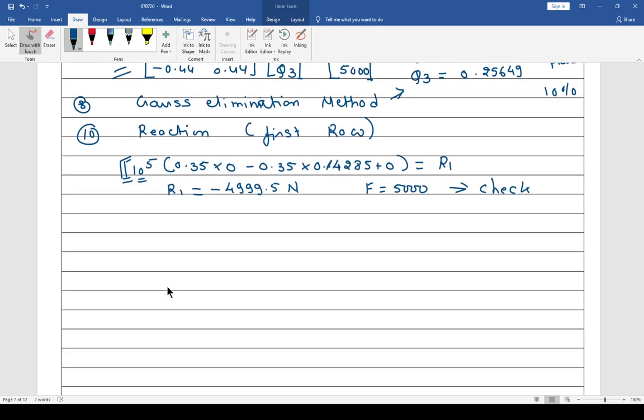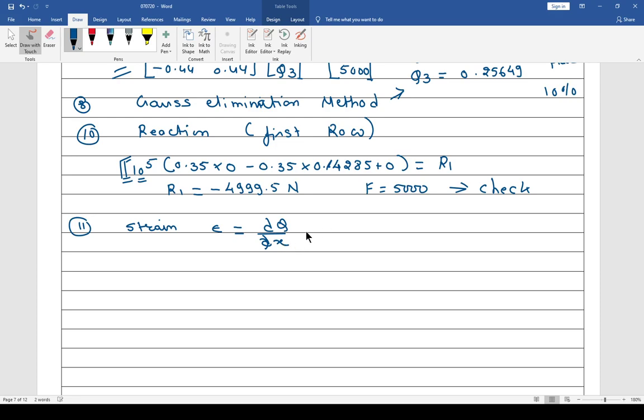So now the next step, the 11th one, finding strain. Epsilon is equal to dq by dx.